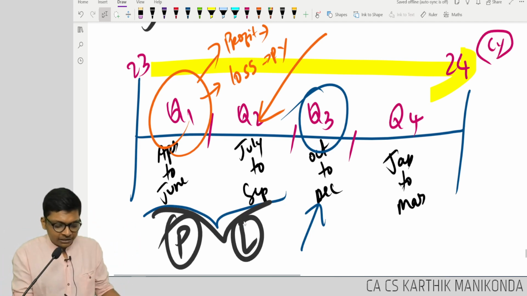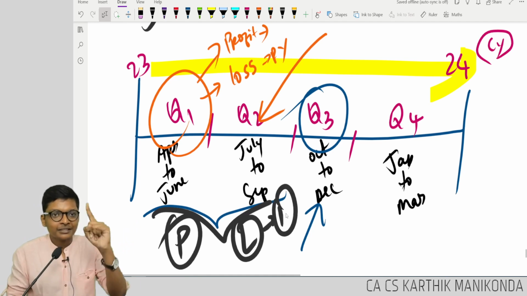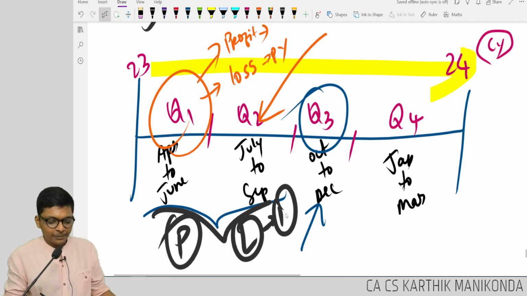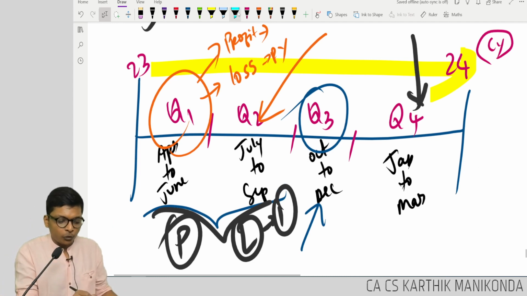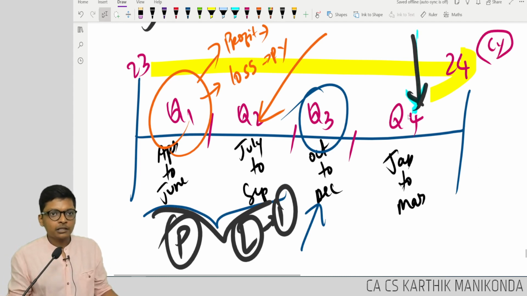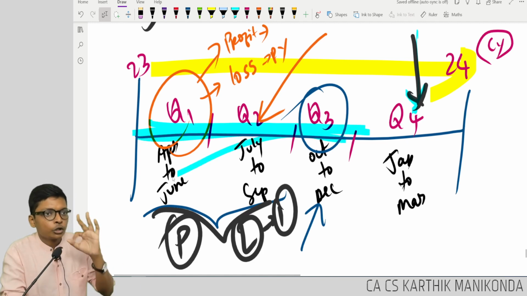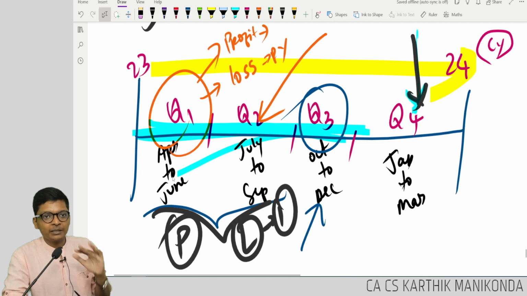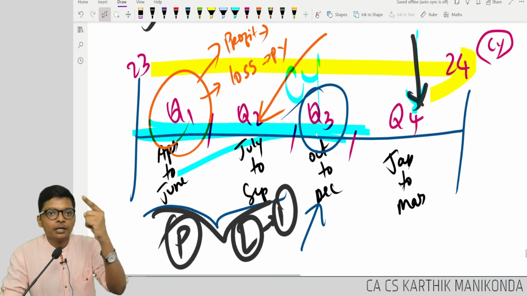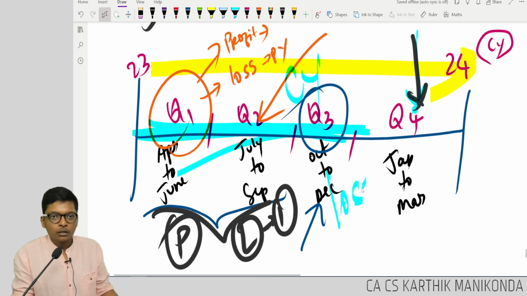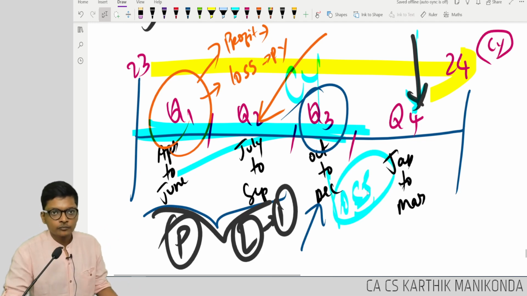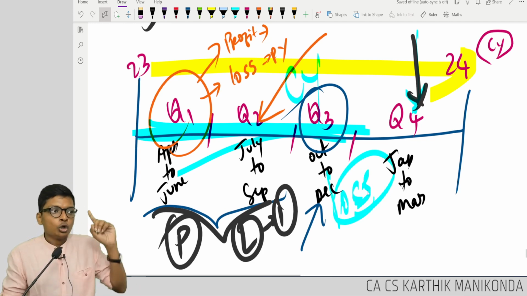If total is loss, I will check the rules. How many rules? One. Now you tell me, if I am declaring dividend in Q4, I will check Q1 plus Q2 plus Q3. If overall is profit, then proceed and declare any amount of dividend. That means current year is profit. If it's a loss, then check the rules.